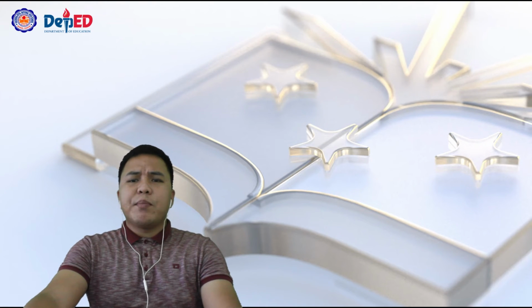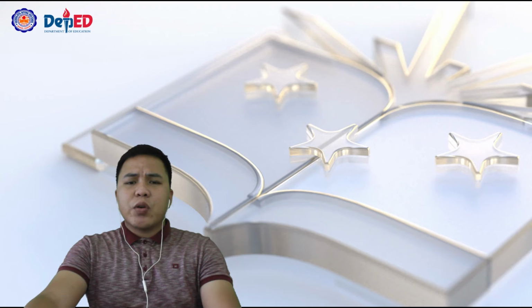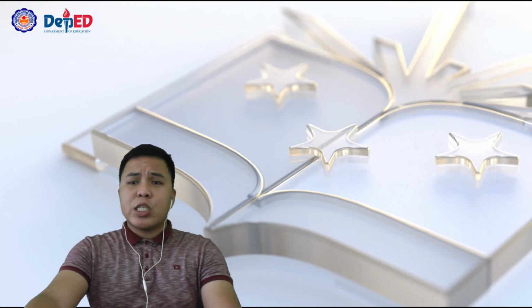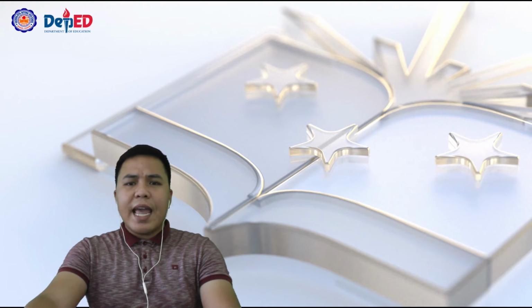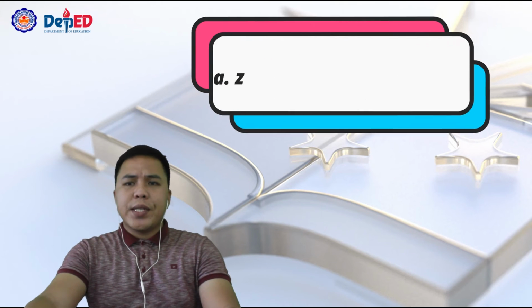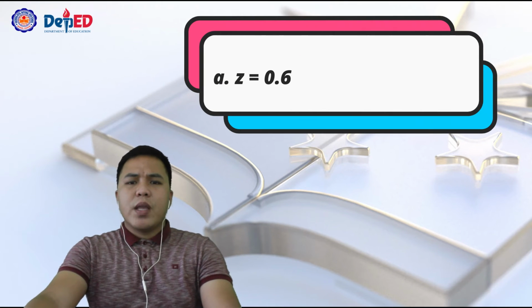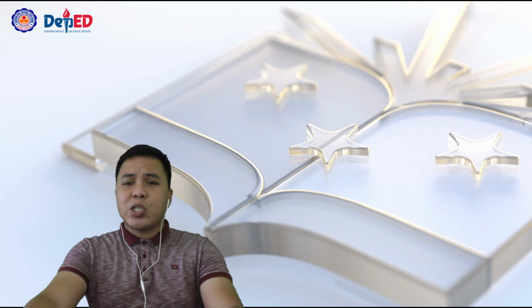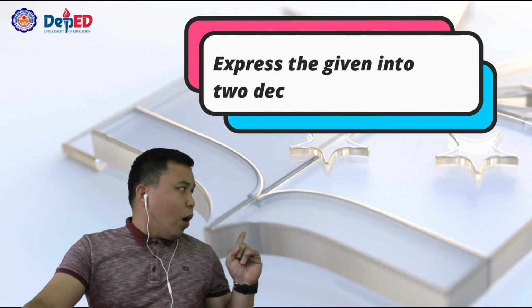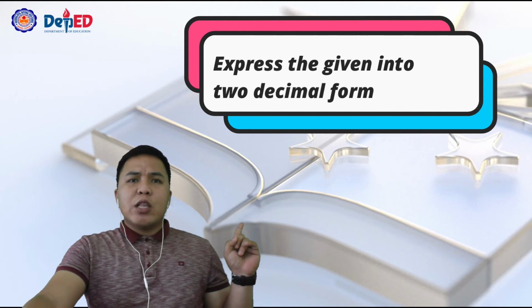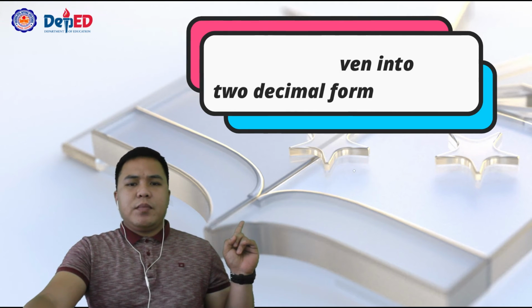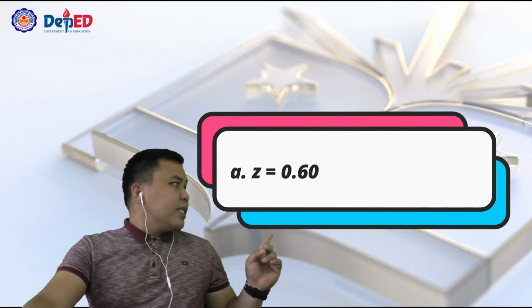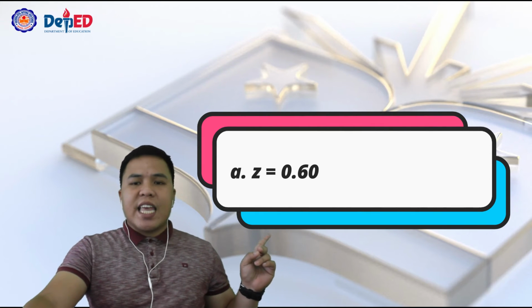For example number 1, find the area that corresponds to each of the following z-score values. For letter A, z is equal to 0.6. Now, there are 3 steps in finding the area that corresponds to a z-score value. Step number 1, express the given into 2 decimal form. And it is z is equal to 0.60.